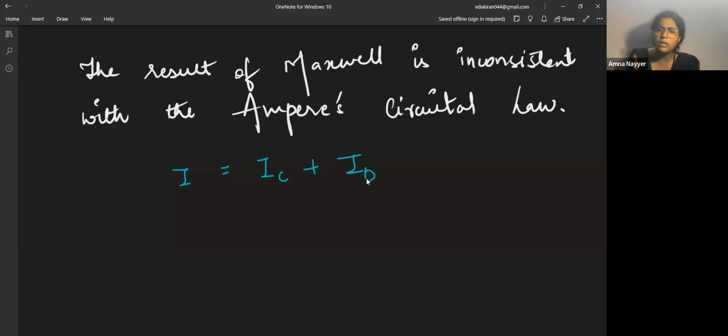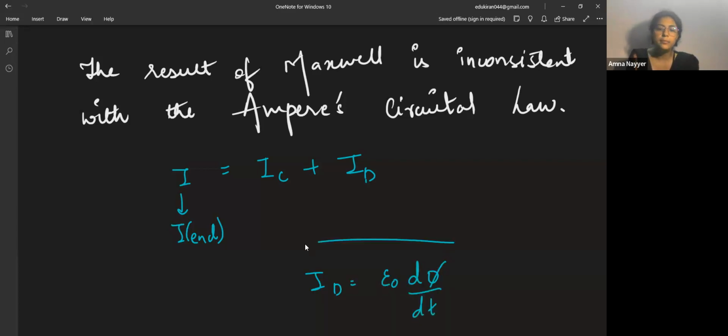So the formula is also completely different. This is the total, this is now the I enclosed. And the formula of displacement current is epsilon naught d phi over dt, because this is directly proportional to the electric flux. I told you, electric field, electric flux, whatever is crossing per unit time.